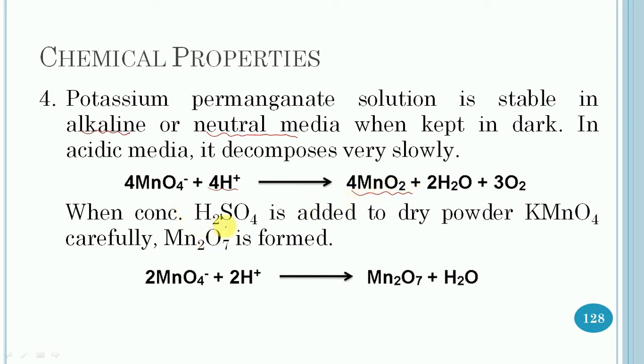When concentrated sulfuric acid is added carefully to dry powder of potassium permanganate, it will form manganese heptaoxide. So these are the chemical properties of potassium permanganate.